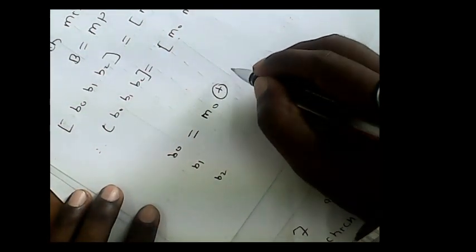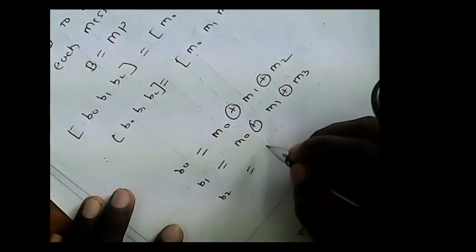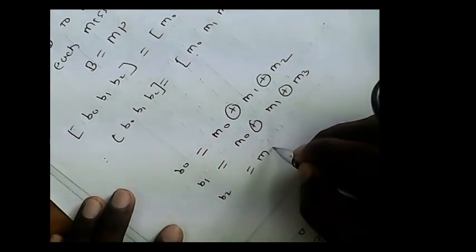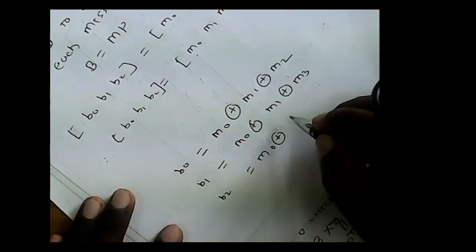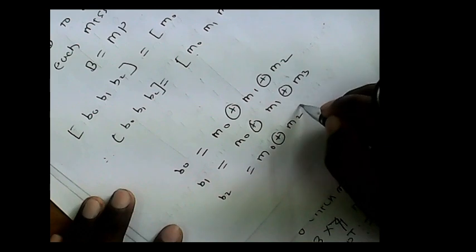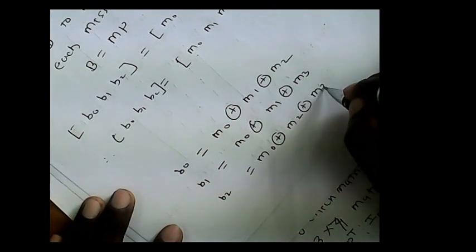The steps were already explained in the previous example, so we can directly write the parity bits in terms of the message bits: b0 equals m0 plus m1 plus m2, b1 equals m0 plus m1 plus m3, and similarly b2 equals m0 plus m2 plus m3, all under modulo 2 arithmetic.